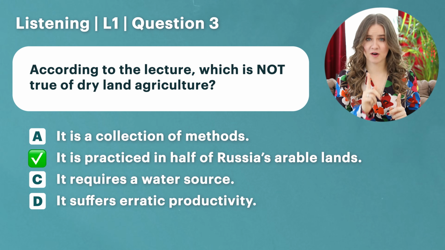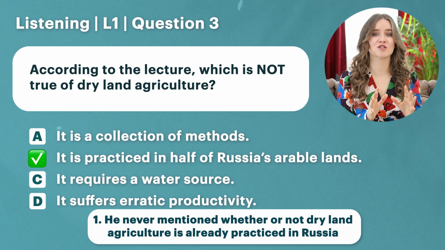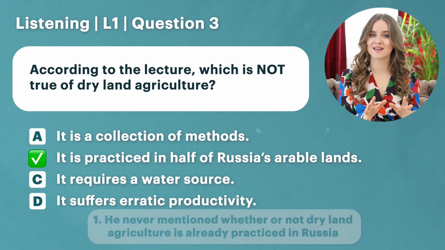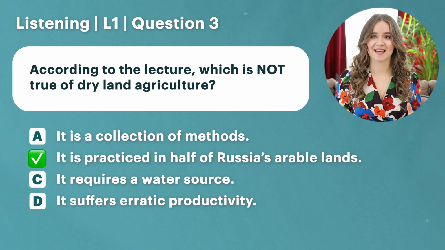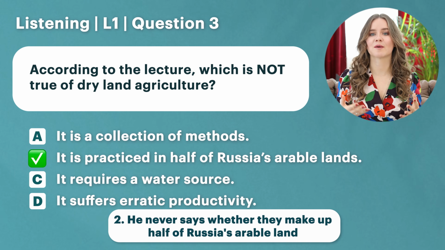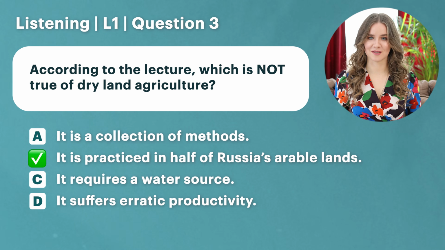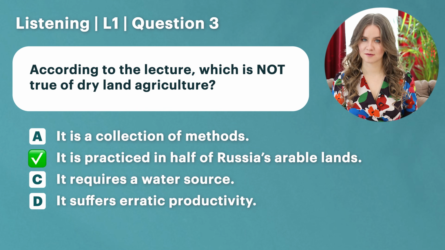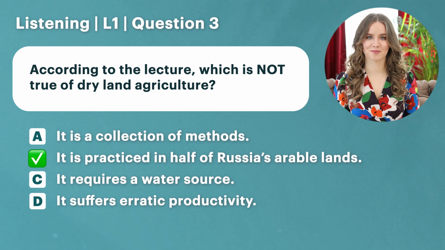But first, he never mentioned whether or not dry land agriculture is already practiced in Russia. And second, he talks about the Russian steppes and never says whether they make up half of Russia's arable lands. As for other statements, they are true. Dry land farming is a collection of methods, requires water, and faces erratic productivity.